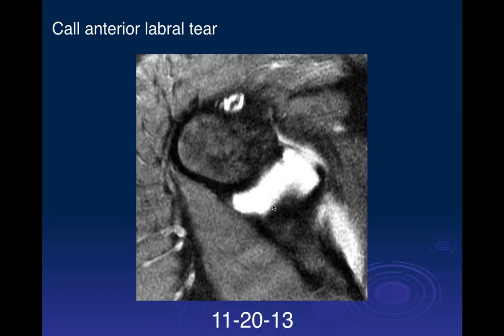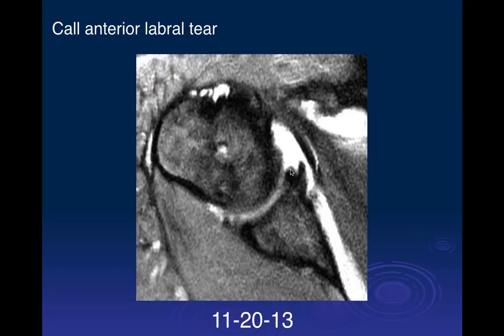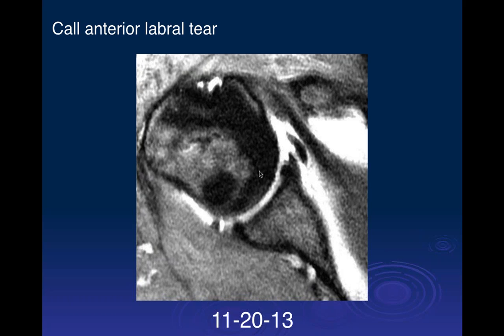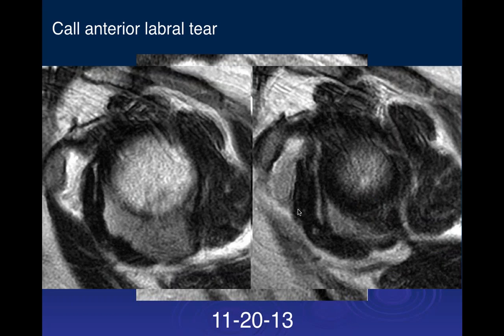Now we put fluid in the joint space. If we follow it up, what you have here is a prominent anterior fold. There's the labrum, and this structure coming up there, those two structures, and here is that common origin that we've talked about repeatedly.